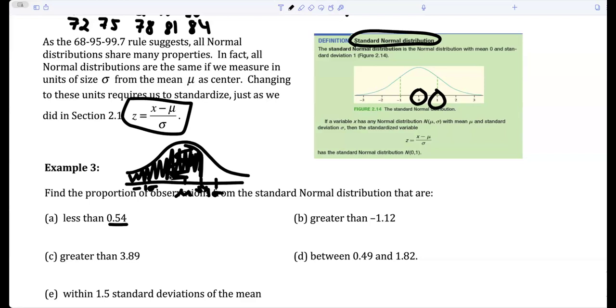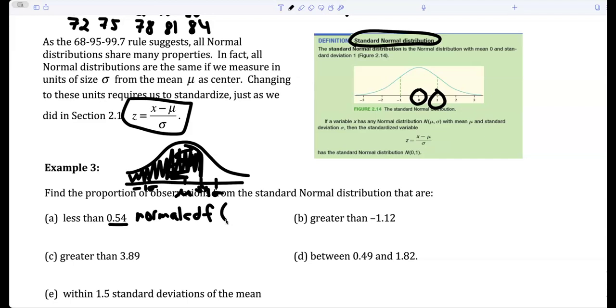So I'm going to introduce you to your new stats friend, normal CDF. It stands for cumulative distribution function. The notation for normal CDF is going to be the lower bound, then the upper bound, and then mu and sigma.